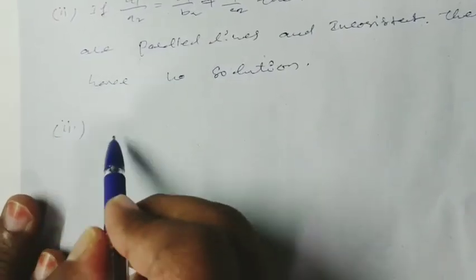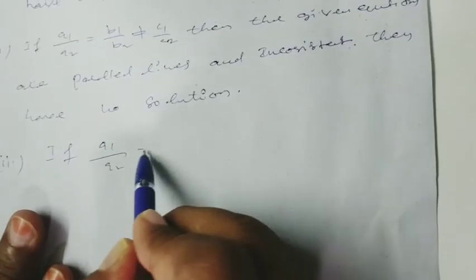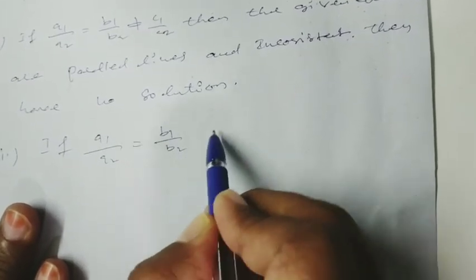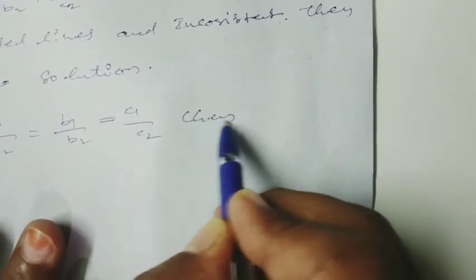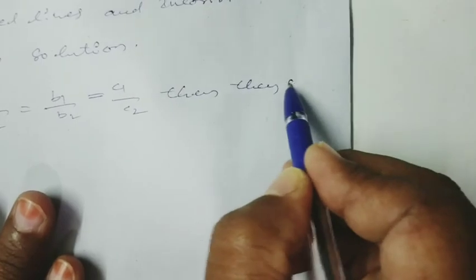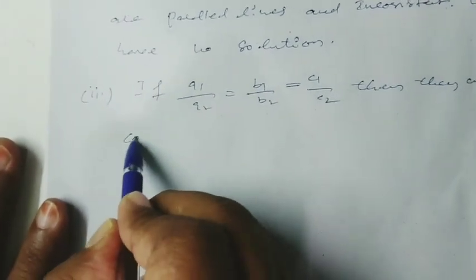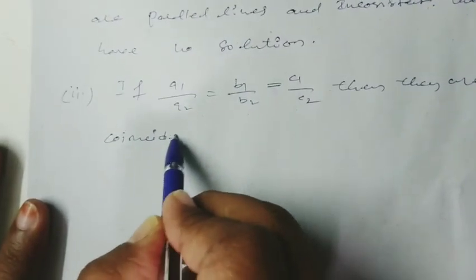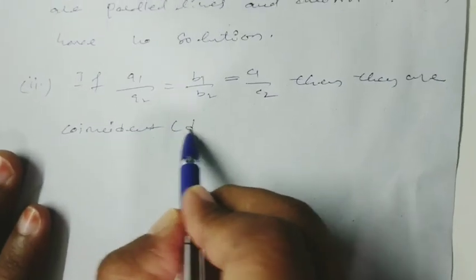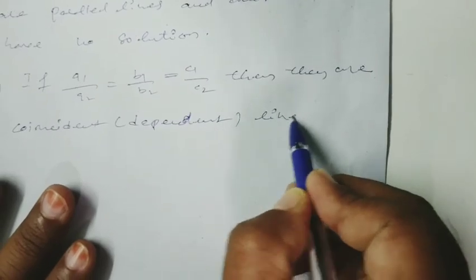The third one: if a1 by a2 equals b1 by b2 equals c1 by c2, then they are coincident or dependent lines or equations.